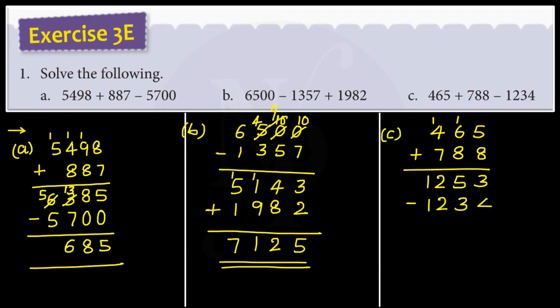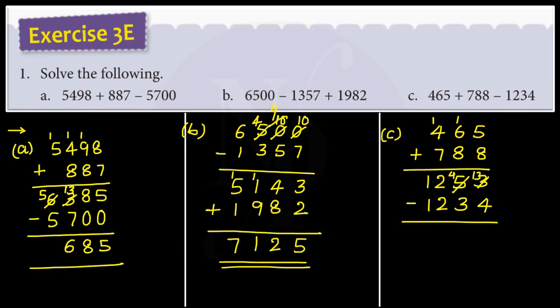1234 from this number. Subtracting 4 from 3 is not possible. We need to regroup. Let us make it 4, and it will become 13 now after regrouping.